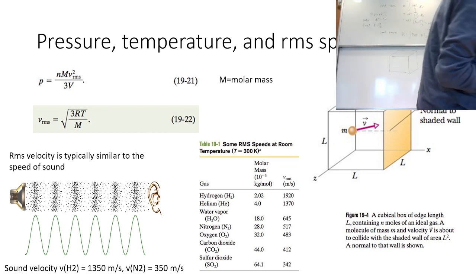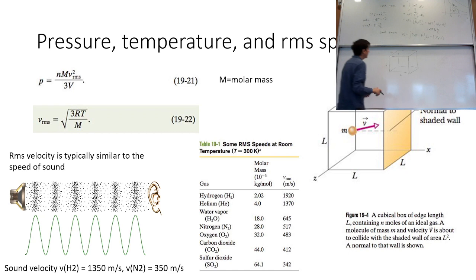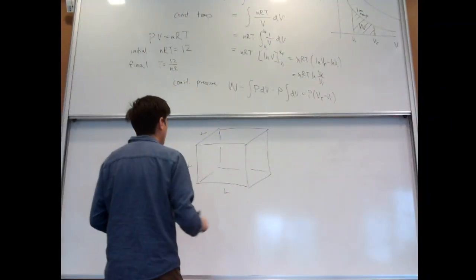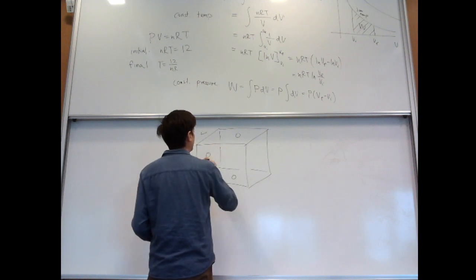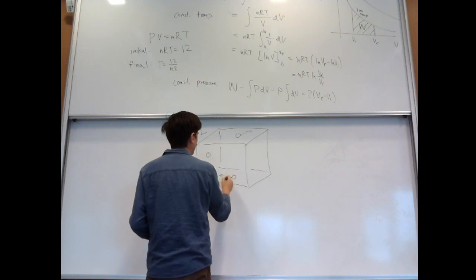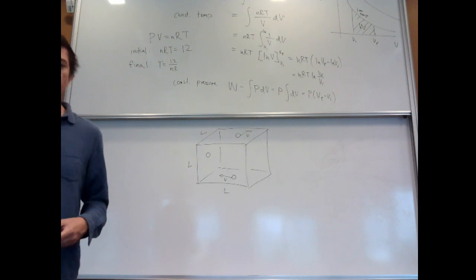Our box has dimensions L, L, L. What we're going to picture here is that there are a lot of atoms flying around in this box, say 3 atoms, flying in some direction, and let's say their velocity is v.